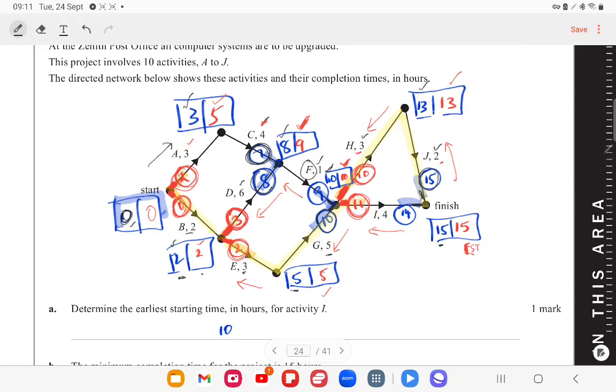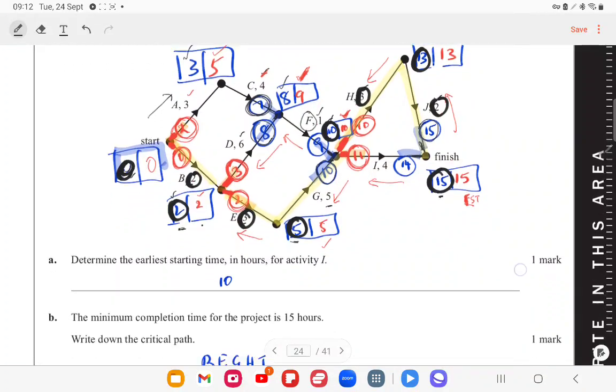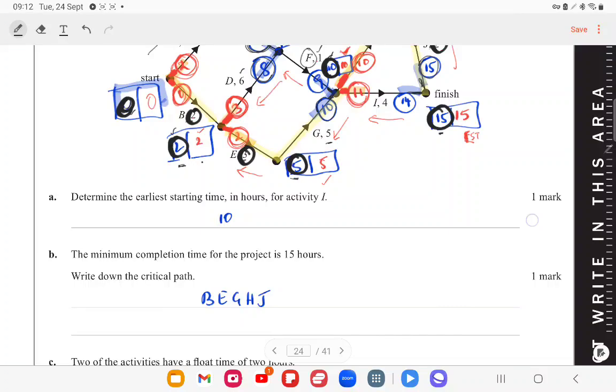So 0, 0 plus 2 is 2, so that's edge B, and 2 plus 3 is 5, and that's edge E, and then 5 plus 5 is 10, which is edge G, and then 10 plus 3 is 13, which is edge H, and 13 plus 2 is 15, which is edge J. So that is the critical path, BEGHJ.